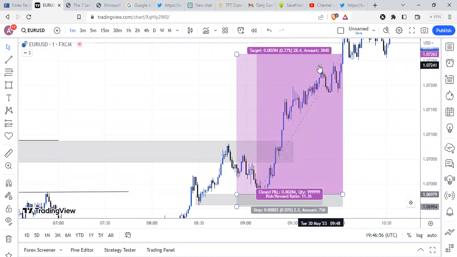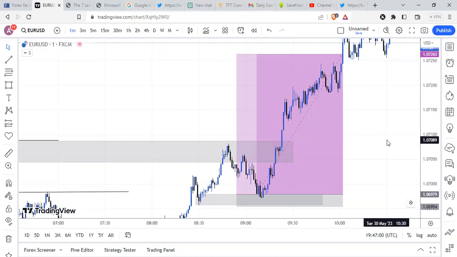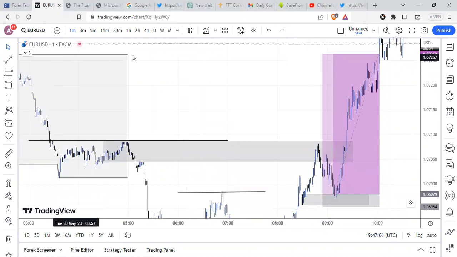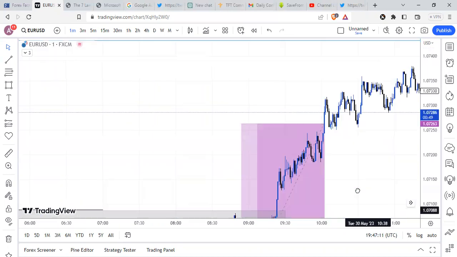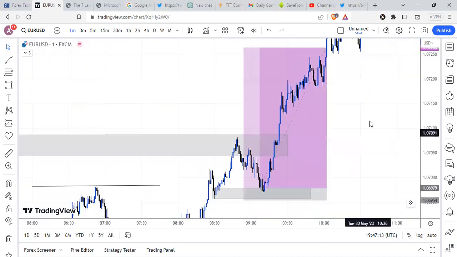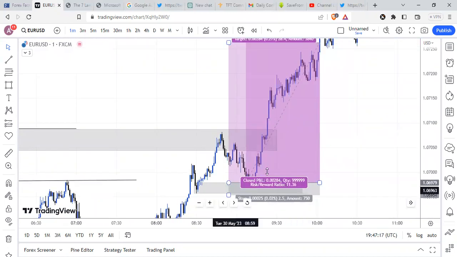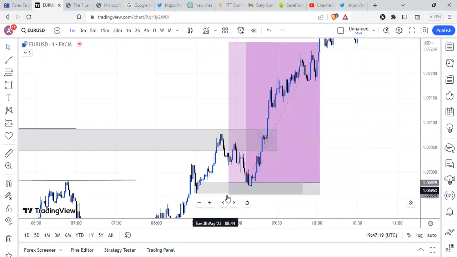I think I closed it around here. So this was the idea behind this trade. My target was just the Asian high, as you can see right here. So I didn't even aim too much. And as you can see, very, very clean. Immediately price touched the flip zone, it just flew.